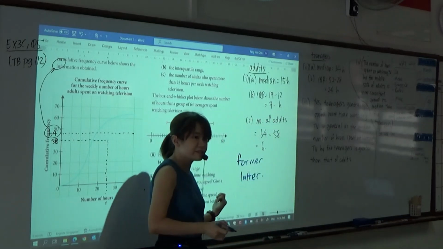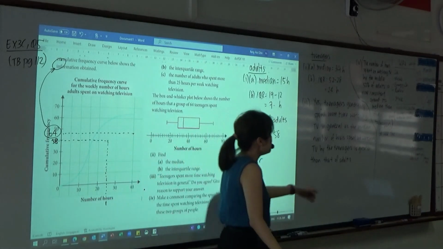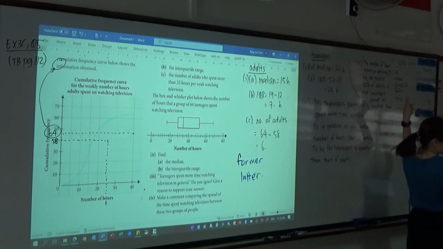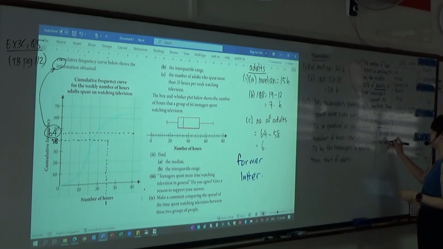You know these words, right? Okay, so former is the first one, latter is the later one. So we draw reference to what we have written over here. The former one will be talking about adults, the latter will actually be the teenagers. Okay, so we just say because the former has a smaller interquartile range than the latter.